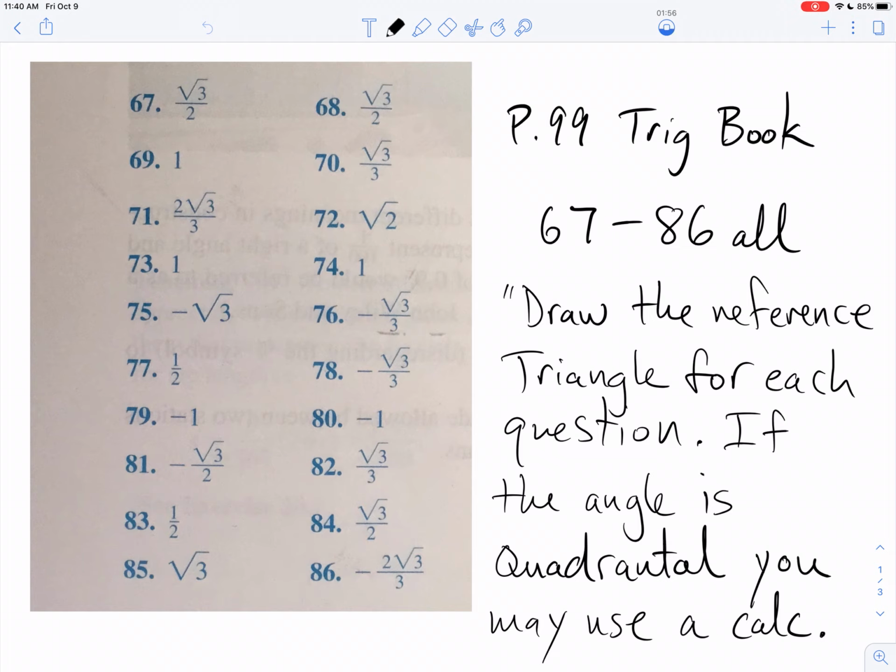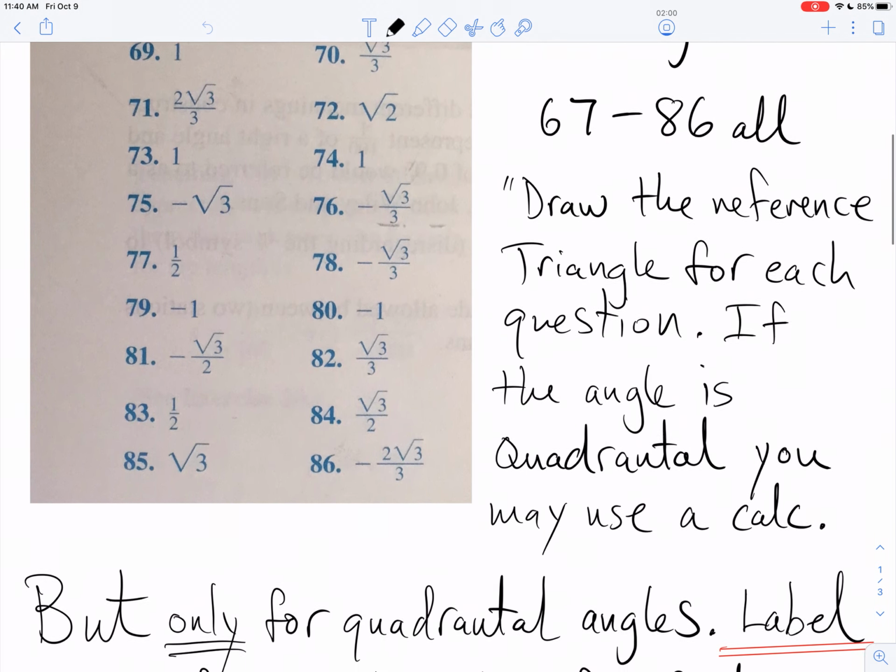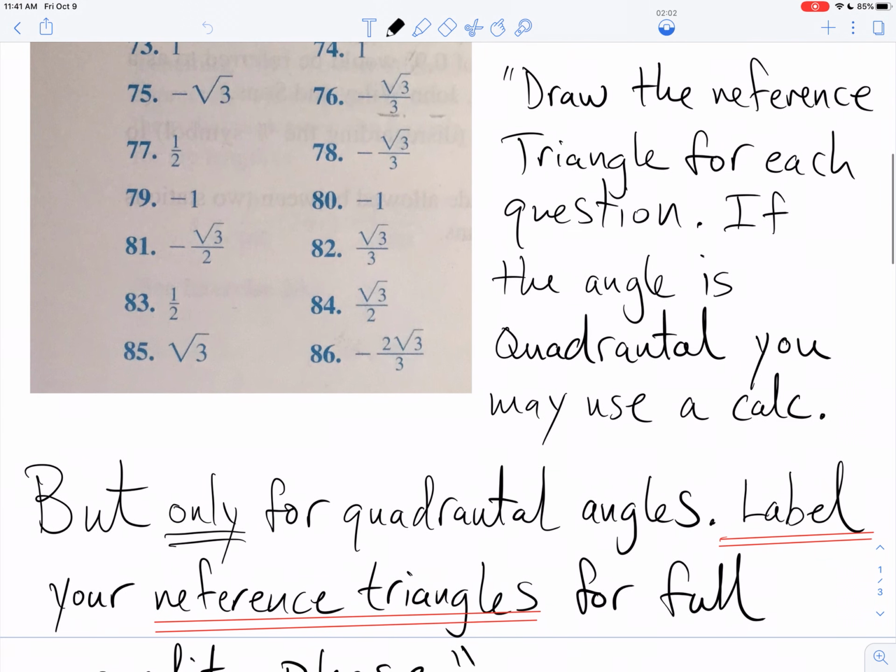And it says here, the questions are on page 99, 67 to 86. It says, draw the reference triangle for each question, period. If the angle is quadrantal, you may use a calculator.